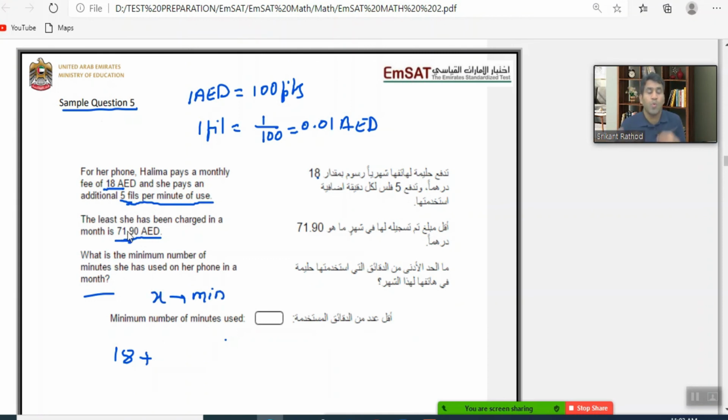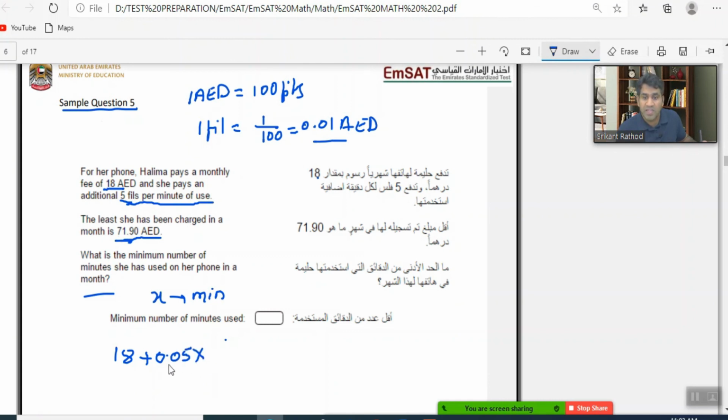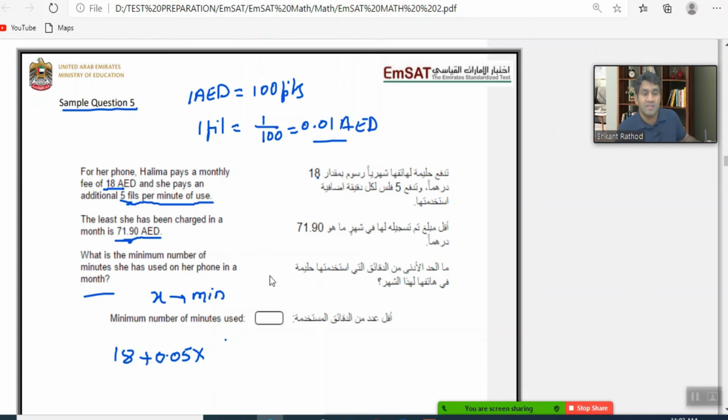The total amount charged for x minutes is going to be x times 5. Because 5 fills is the per minute charge, I have to convert it into dirhams, so it's 0.05x. That gives you the total cost charged for speaking, apart from this 18 dirhams.